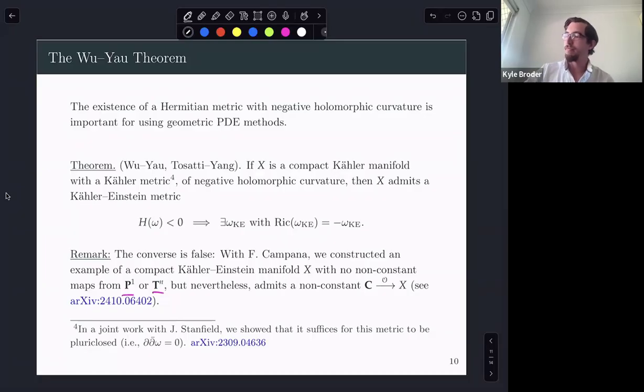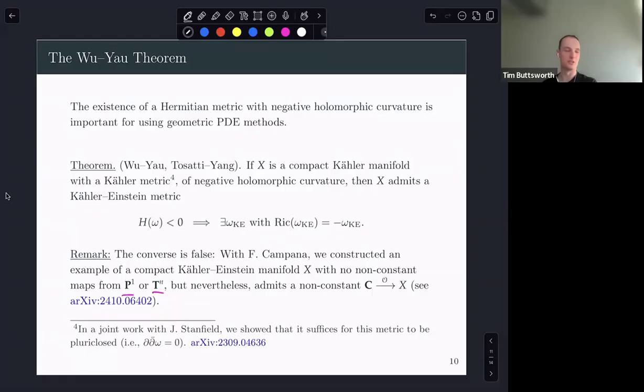So what is going on with this Wu-Yao theorem is that essentially you construct or consider some Monge-Ampère equation that you cook up from the geometric setting, and what you want to do is take a continuity-type method, or evolve the family of Monge-Ampère equations that you have.